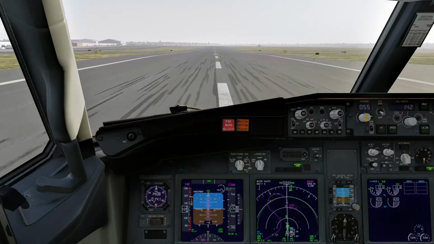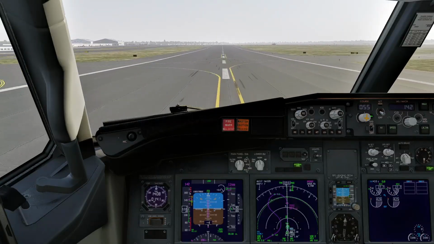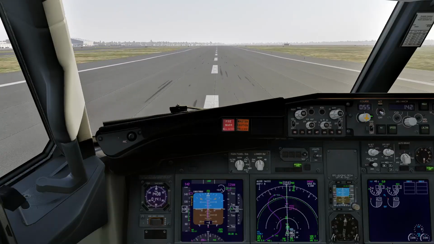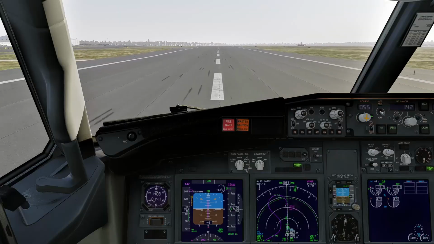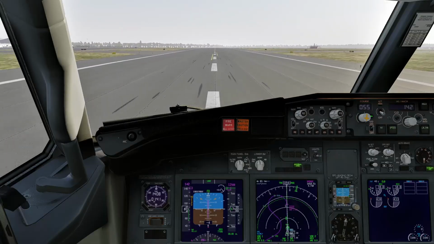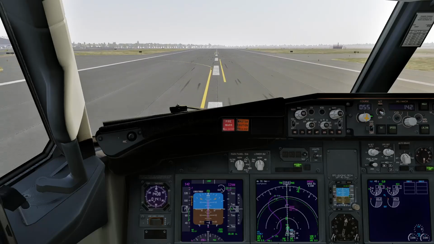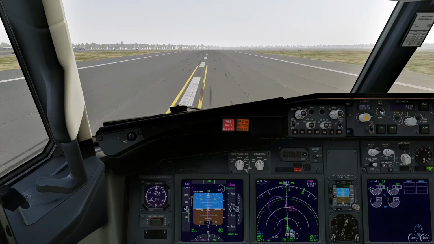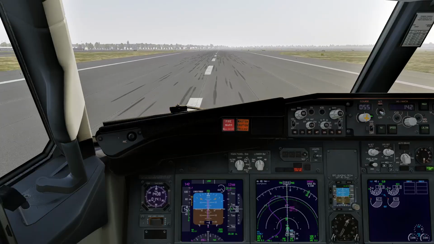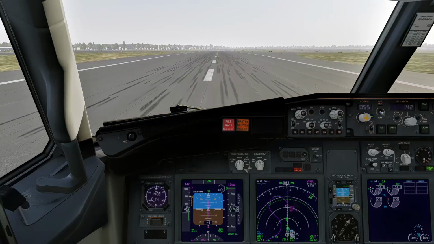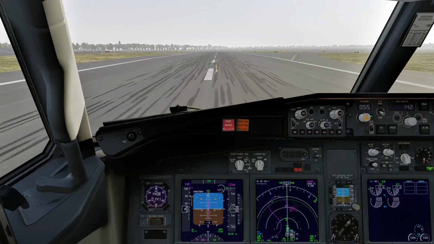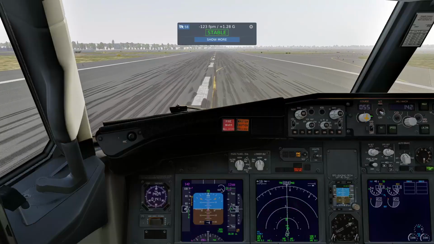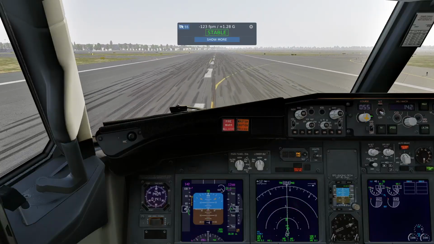And reverse. And stay the reverse. Just keeping an eye there on the reverses, that's it.